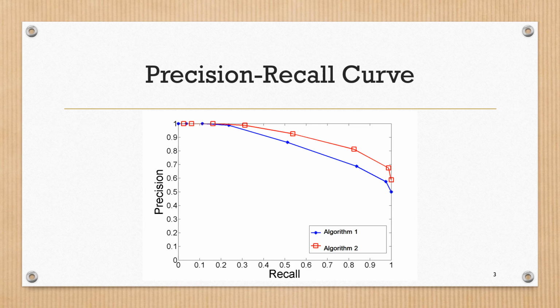As you can see, when the precision of an algorithm gets higher, the recall of the algorithm typically gets lower. Therefore, it would be better to combine precision and recall into a single measure for performance comparison.